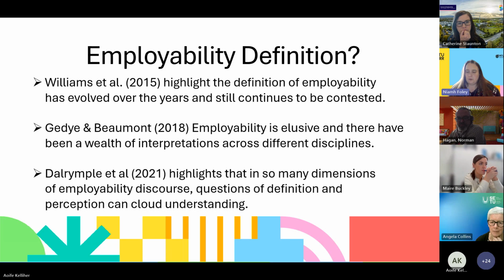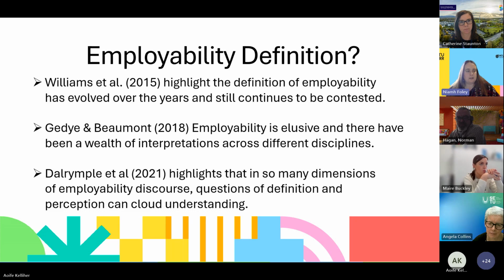So when we look at it, we need to ensure we have the same definition and the same discussion with our institutes, our employers, our students and our stakeholders, because employability is a multifaceted term, and we just have to have an awareness of that.